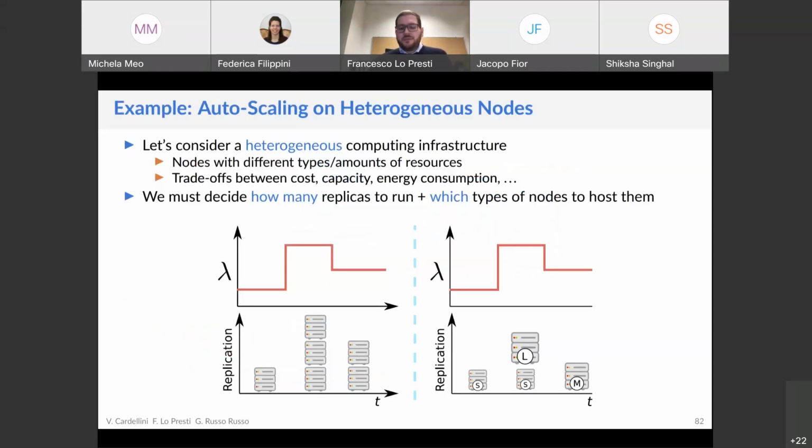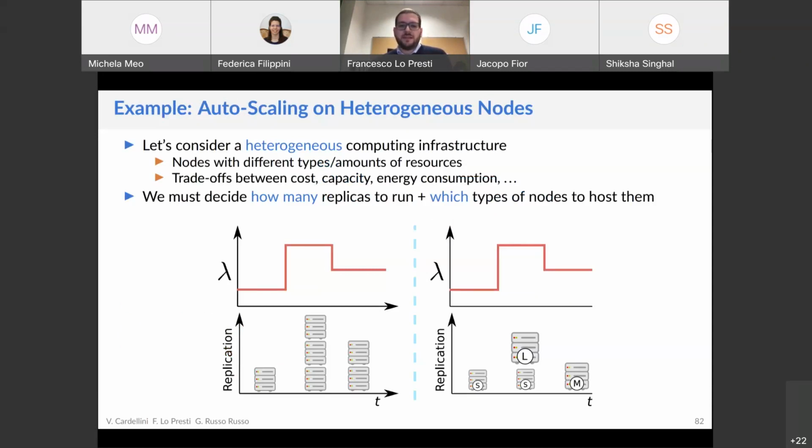So to see an example where we start having problems with the size of the state space, let's extend a little bit the autoscaling use case we have considered so far. Now we consider a heterogeneous computing infrastructure in which we have computing nodes with different types or amounts of computing resources.